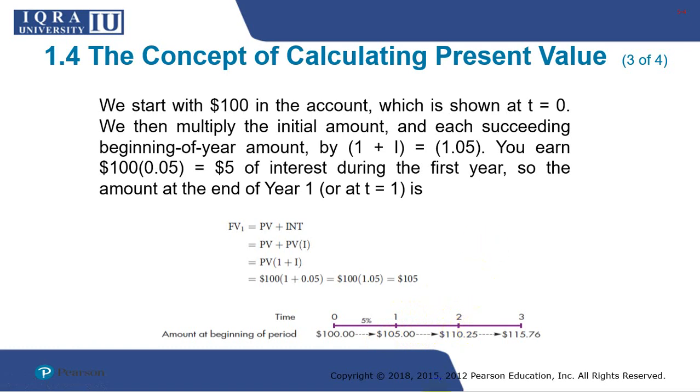At the end of the second year, it will be 110.25, and at the end of the third year it will be 115.76, right? So this is basically the step-by-step method. It means every 1 year you are calculating, and taking the present value at that time.